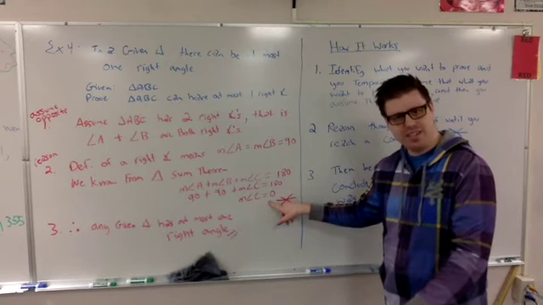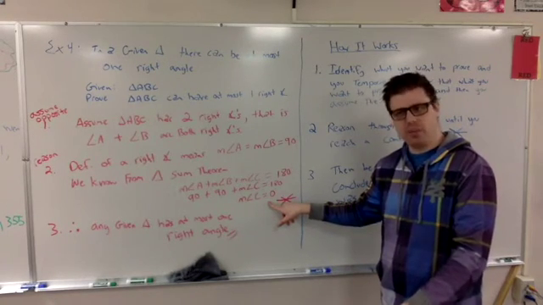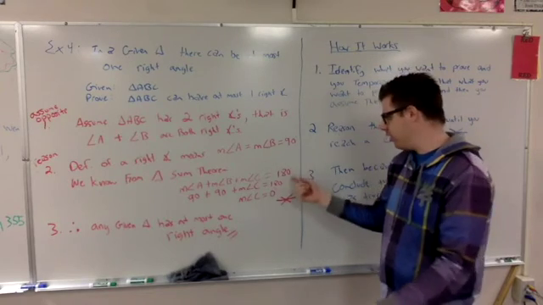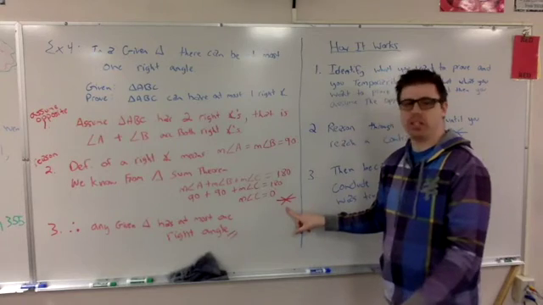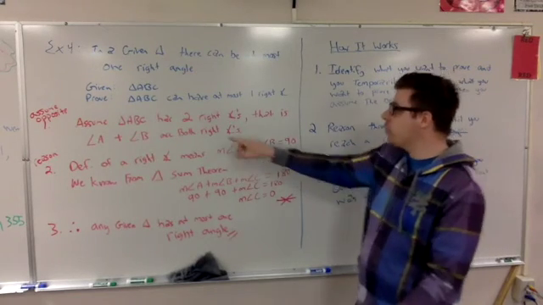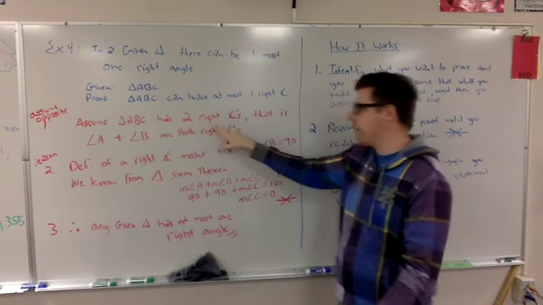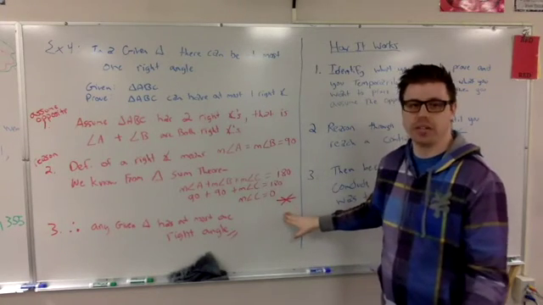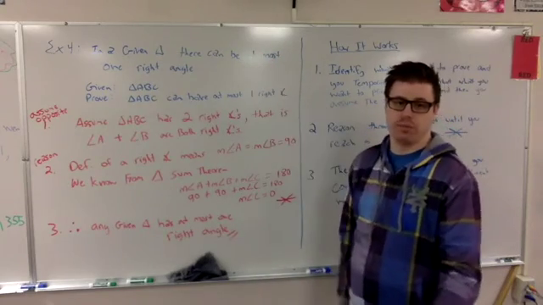Negative 90 degrees? Can you have negative measures inside a triangle that's supposed to add to a positive number of 180? No, indeed you cannot do that. So whether we decided there were 2 or 3 right angles, we would still come to a contradiction. Therefore, the original statement is true.